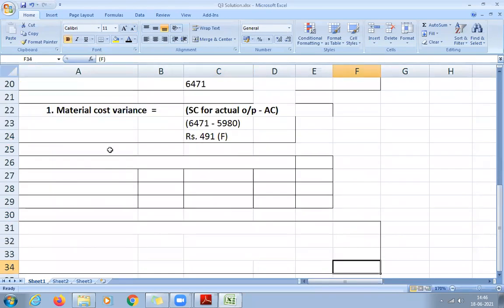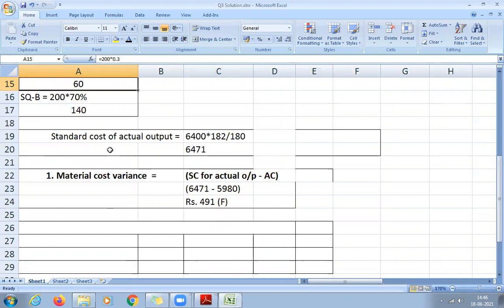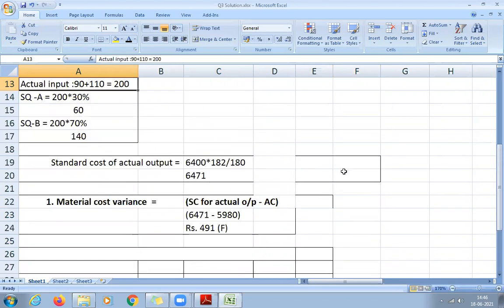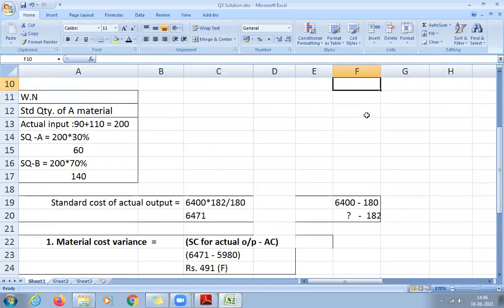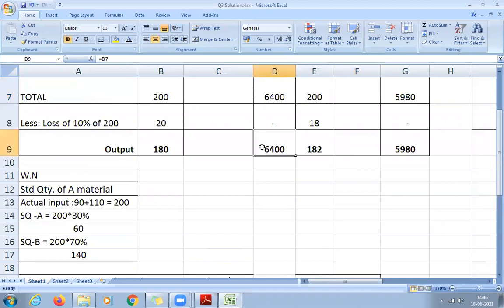So can you repeat how you got 6,471, sir? Yeah, it is very simple. We have to do a cross multiplication. We got 6,400 total for 180 output, but my actual output is not the same as my standard.